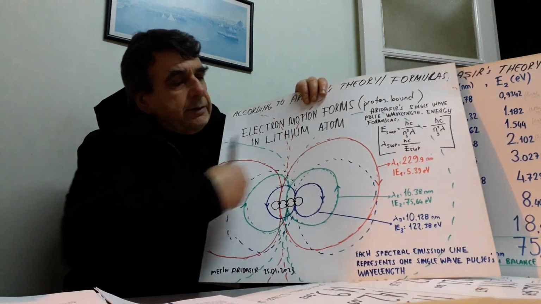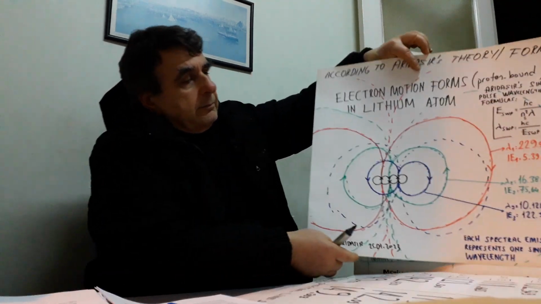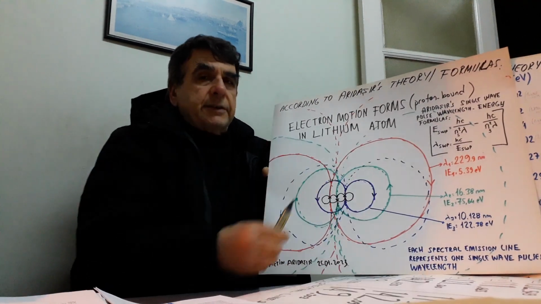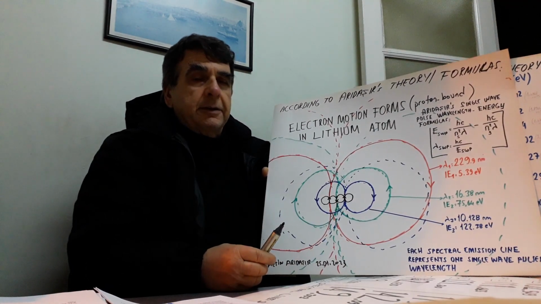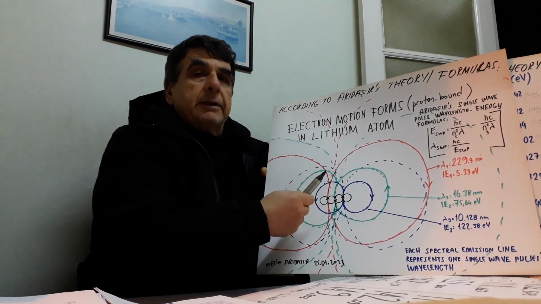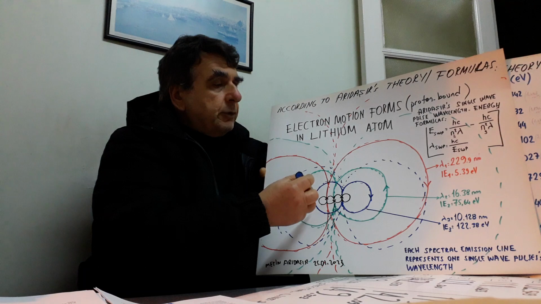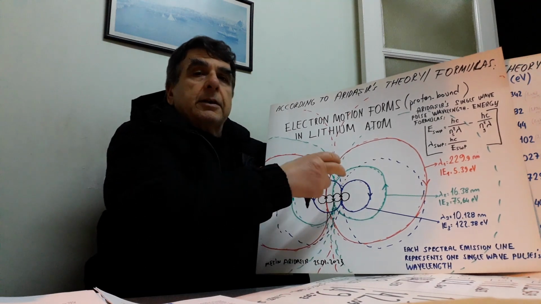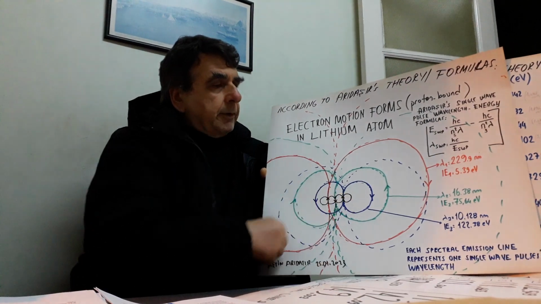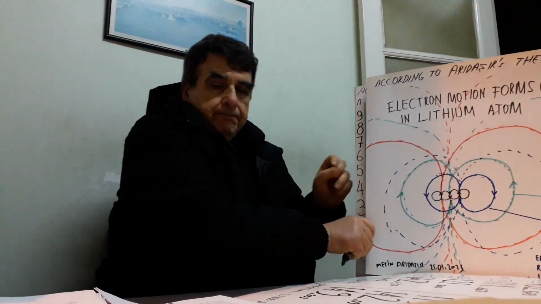All of these are resized. Here, in balance, say ground state positions of different wavelength size electron motion forms in a lithium atom. Okay?